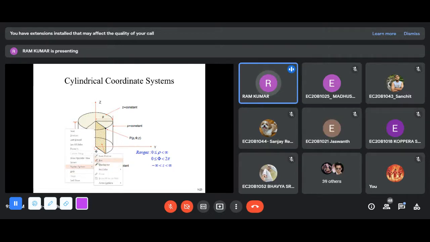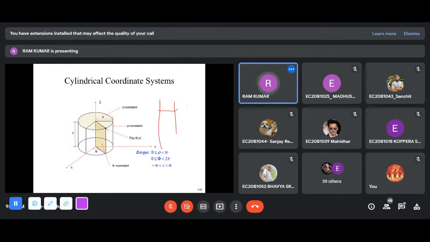You can easily understand why we should go for a cylindrical coordinate system. Suppose we have a line charge. If you use a Cartesian coordinate system, whether you fix the axis origin here or here, it is not very suitable for solving the problem. When you use a cylindrical coordinate system, it is very simple.